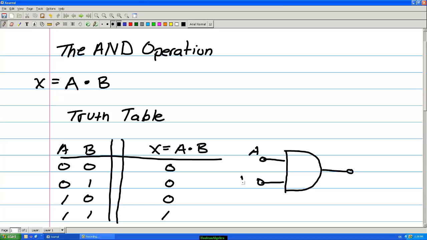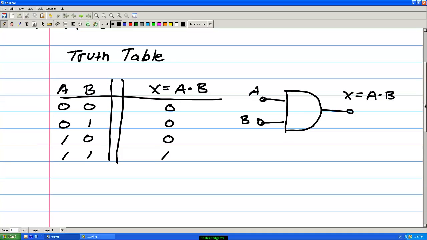Where we have A and B, and X is equal to A and B. So the important thing to remember here is that AND multiplication is the same as ordinary multiplication, where the output X is only 1 when both inputs A and B are 1. For all other cases, the output will be 0.